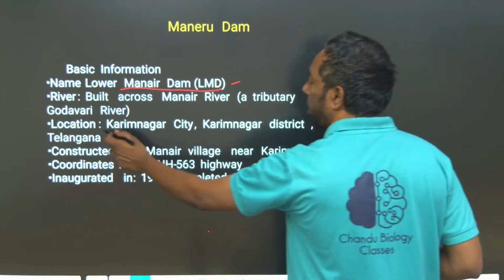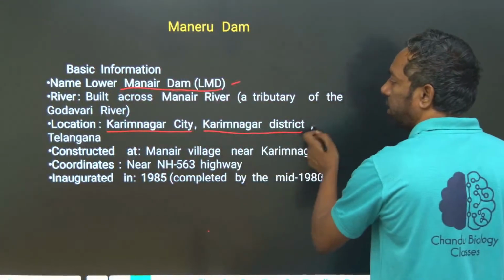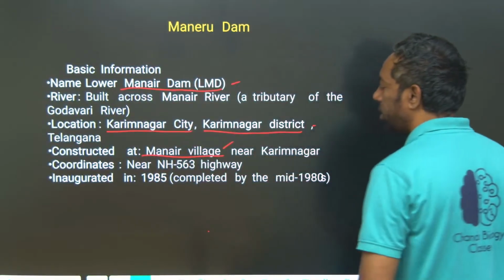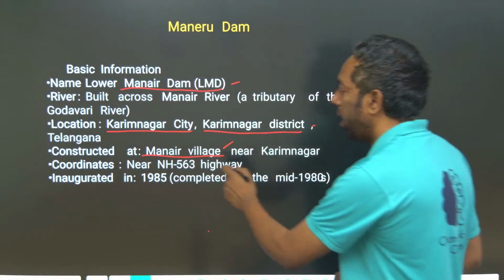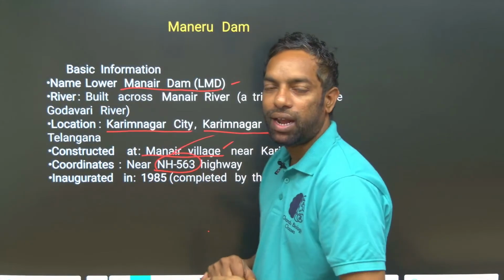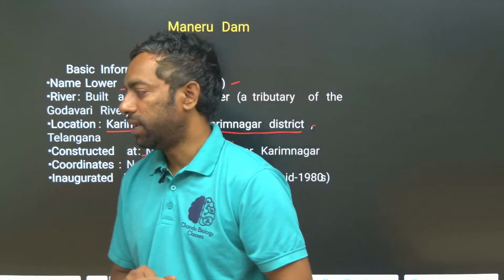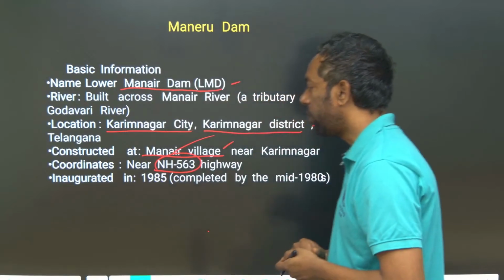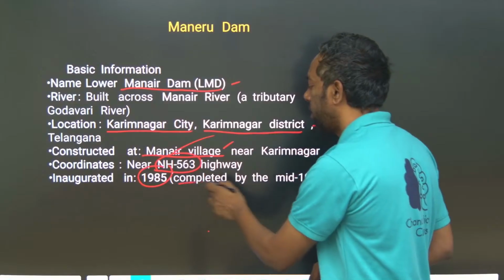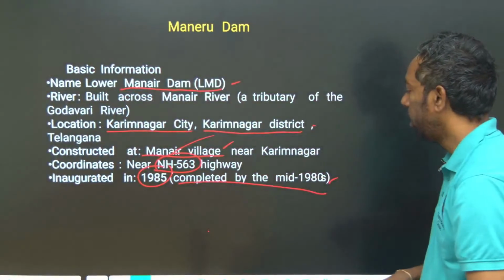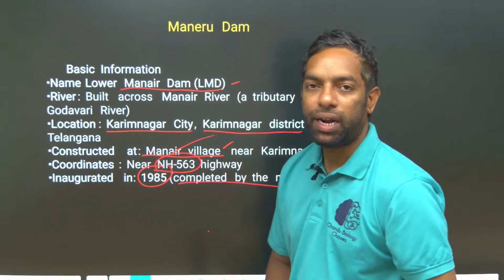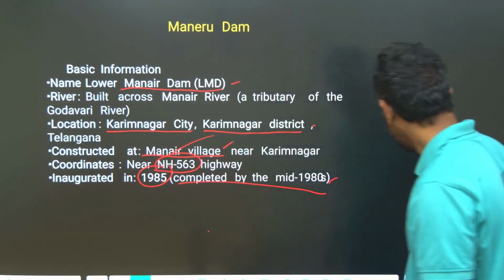The location is Karimnagar city, Karimnagar district, Telangana, on the Maneru river by NH 563, National Highway 563. They can ask you in any form. It was inaugurated in 1985.